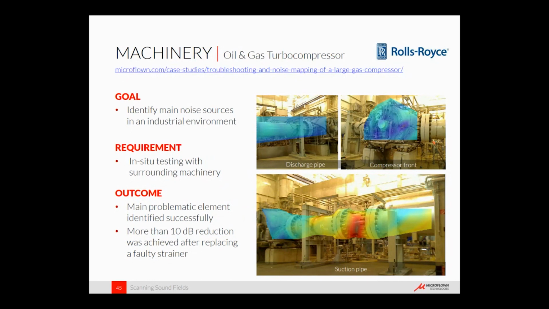And so we could pinpoint that the strainer was the problem, which had some resonance problem in the way they designed the metal mesh inside to act as a filter. After they found this problematic part, they could look into it and create over 10 dB reduction by replacing this faulty strainer.